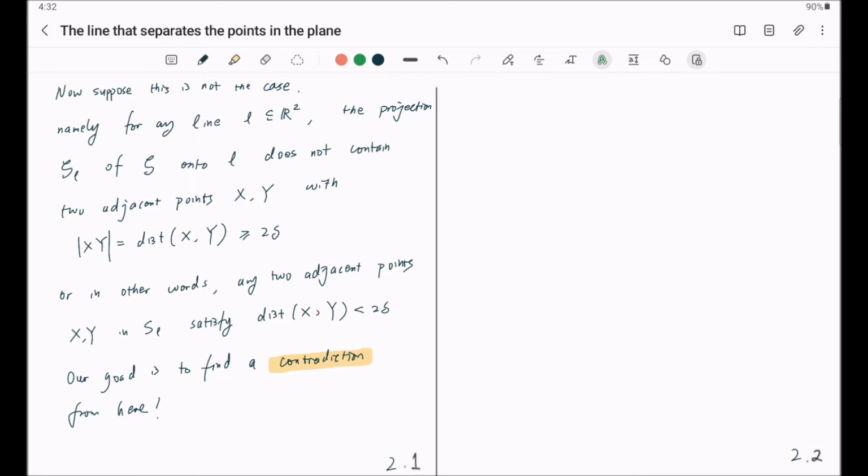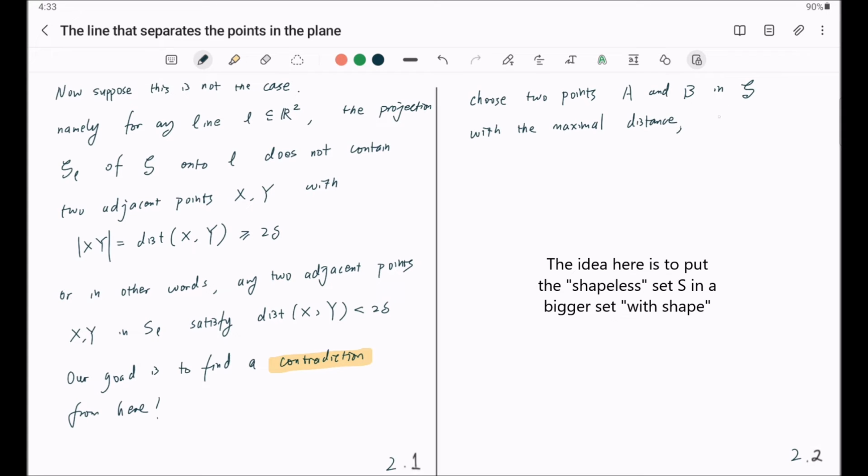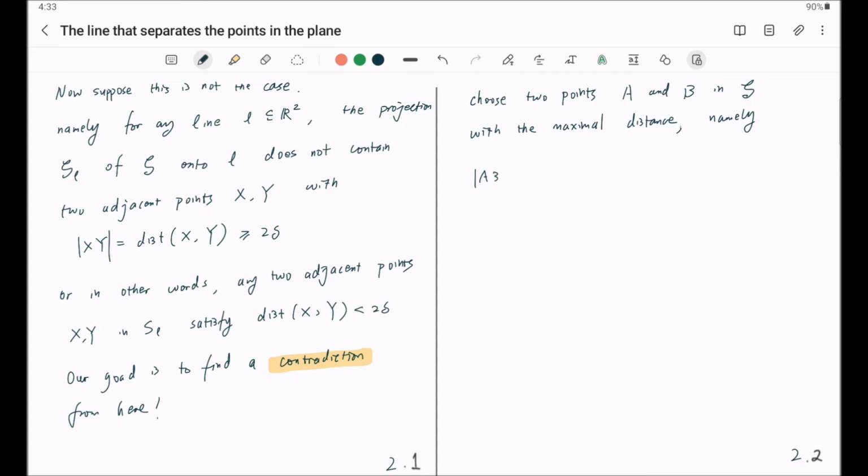Okay, now, how to find the contradiction? We begin by choosing 2 points, A and B, in S with the maximum distance, namely using mathematical notations, the distance between A and B is the max of this set.